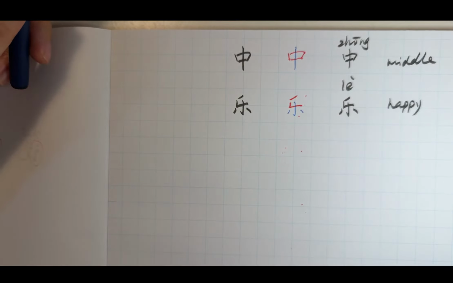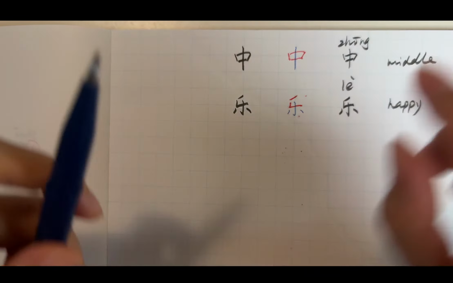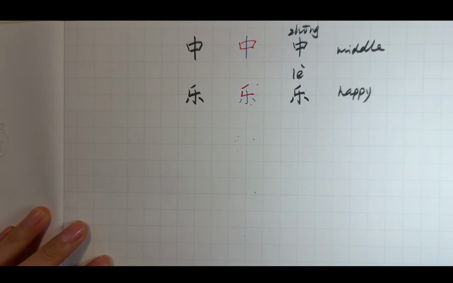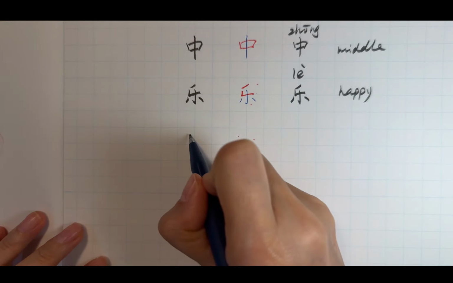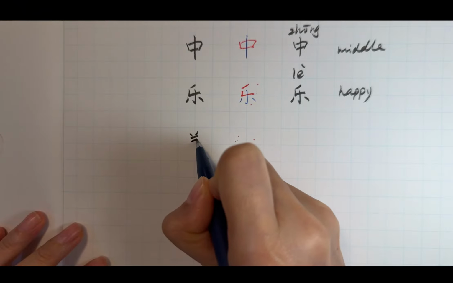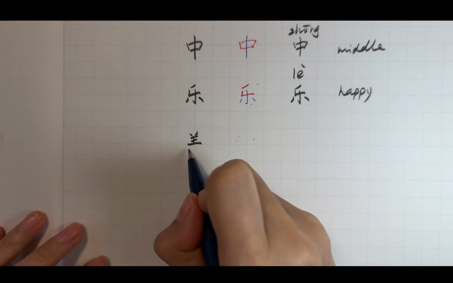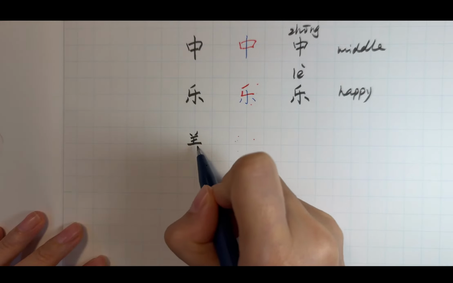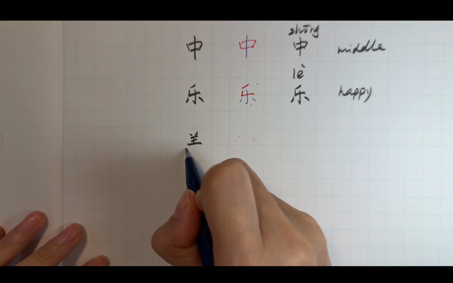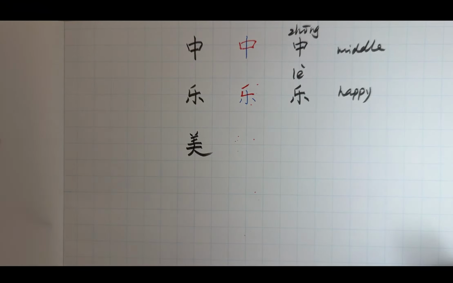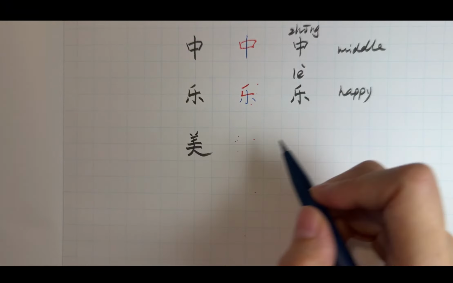And the last one, let's finish by drawing 美. It looks a little bit difficult, but I will explain to you. This top part means the sheep, and the bottom is big. So actually it means the taste is nice. So a big sheep.